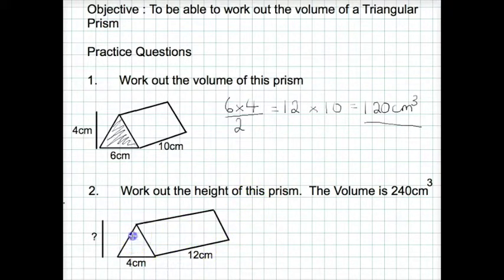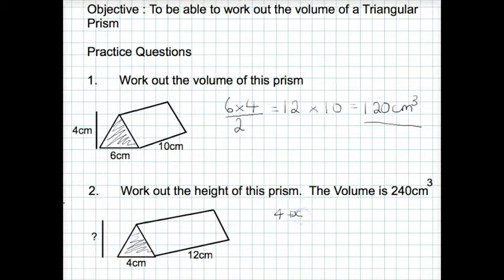To find the volume, we should be doing the area of the cross section first and then timesing it by 12. So the area of the cross section is a base times height. Base is 4 times the height. We don't know the height, so I'm just going to put 4x.